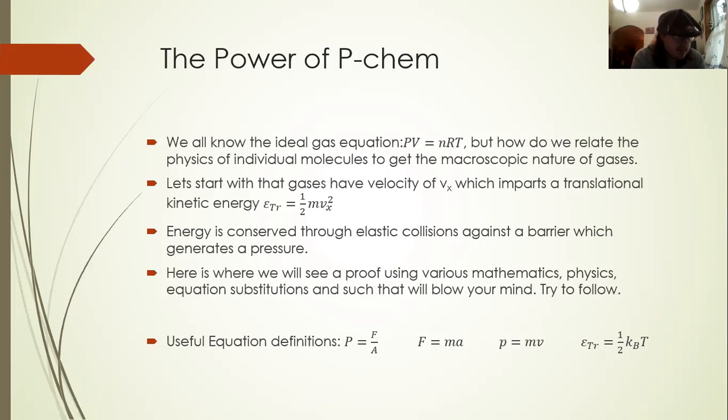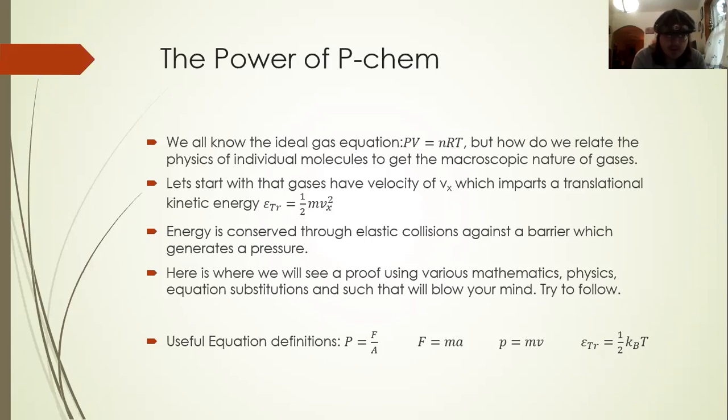So the first thing we need to know is that the kinetic energy of the translational motion, or epsilon TR, is equal to 1/2 times mass times velocity squared. And since we're defining this translational motion in the x direction, it's v of x squared.